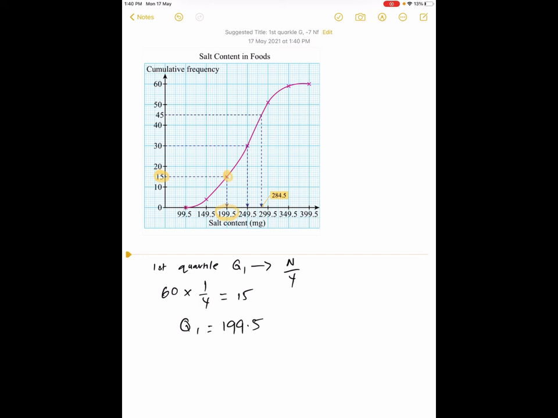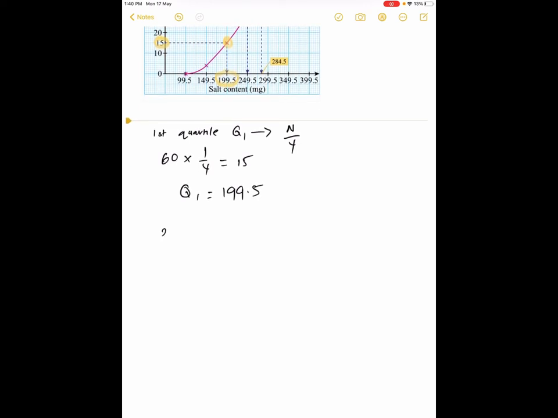Then for the second quartile, also known as the median, the formula is n over 2. So it is 1 over 2 multiplied by 60, the cumulative frequency, and we get the value of 30.